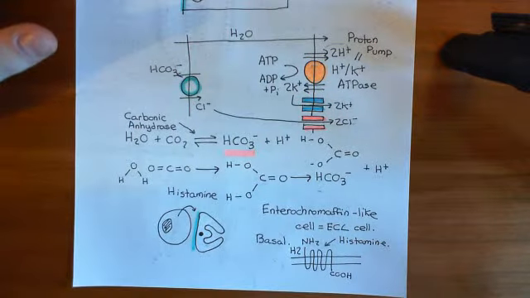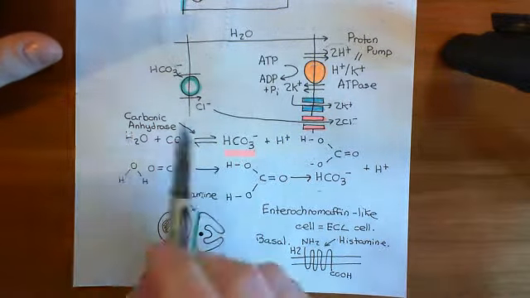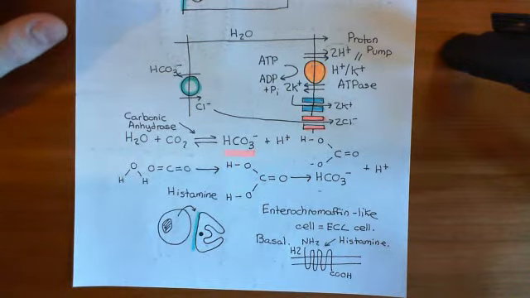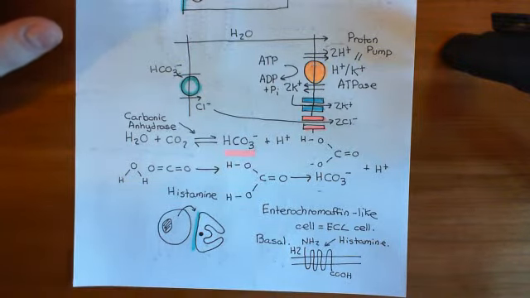Okay, so that's how histamine binding to these H2 receptors triggers hydrochloric acid secretion in these parietal cells. And if you want a discussion of that heterotrimeric G protein in more detail, please watch my video on gastric acid secretion. I draw that entire pathway out in that video.